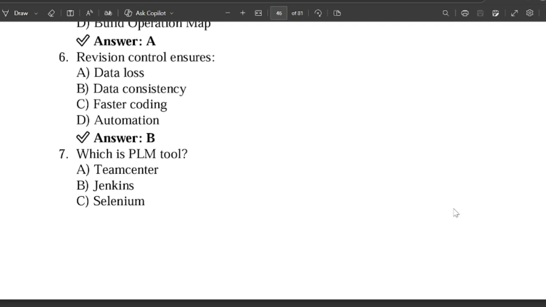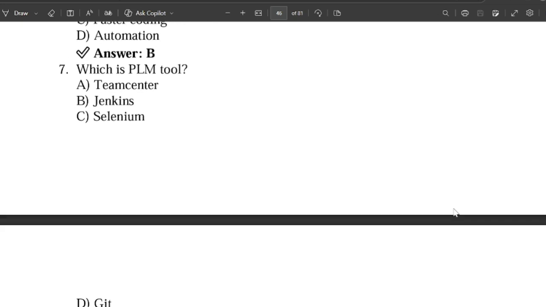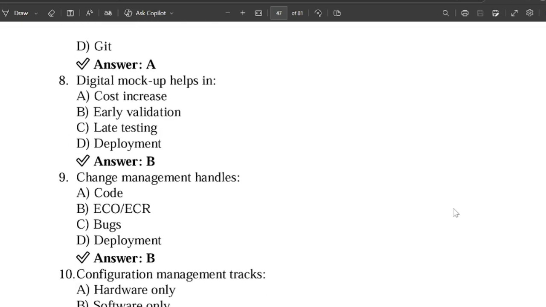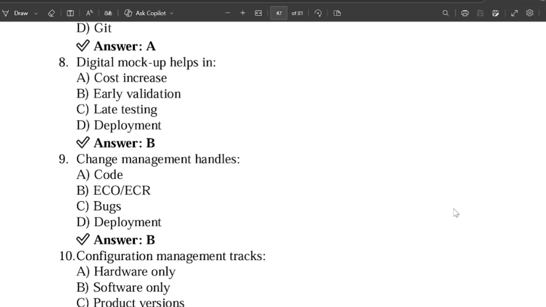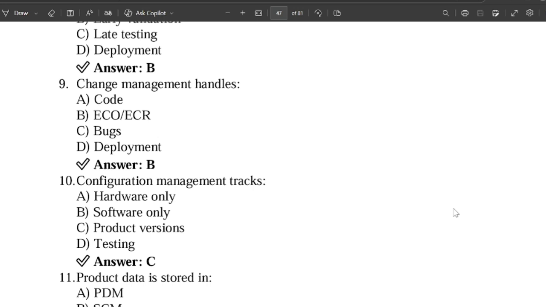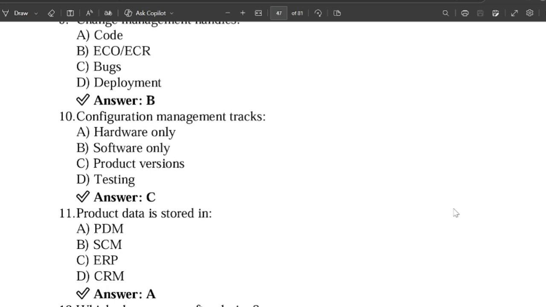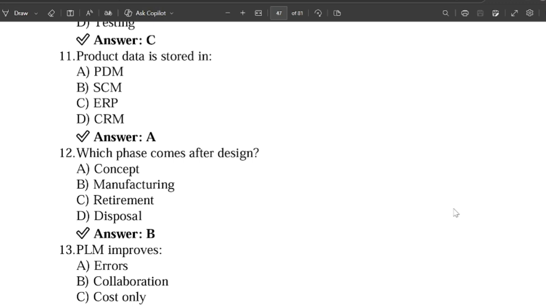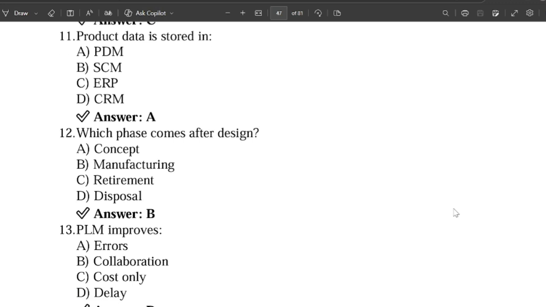Revision control ensures data consistency. Which is a PLM tool? Teamcenter. Digital mockup helps in early validation. Change management handles ECO and ECR. Configuration management tracks all versions. Product data is stored in PDM.